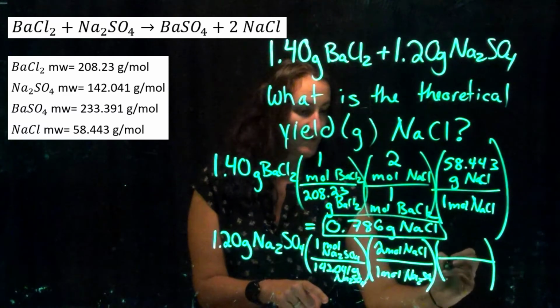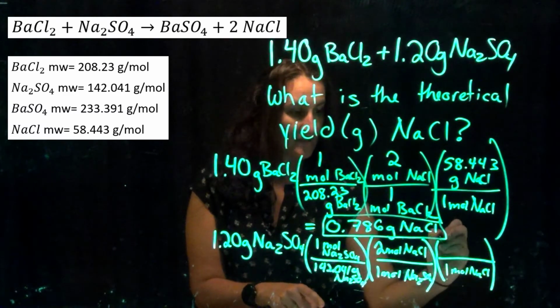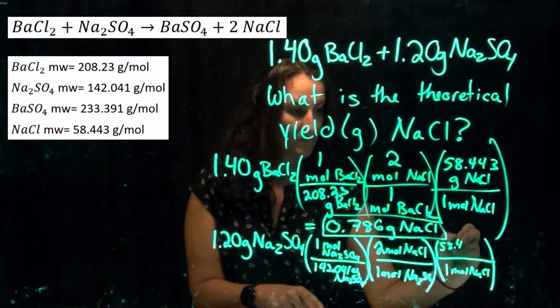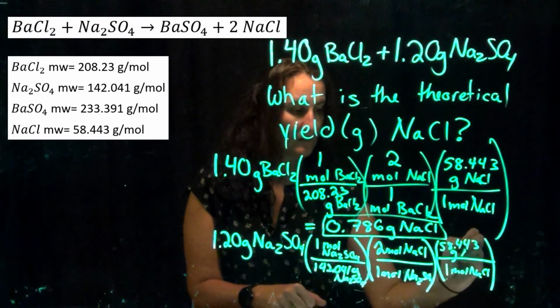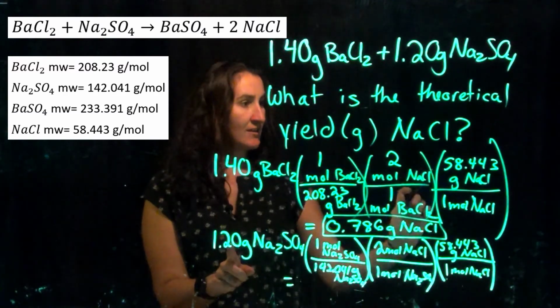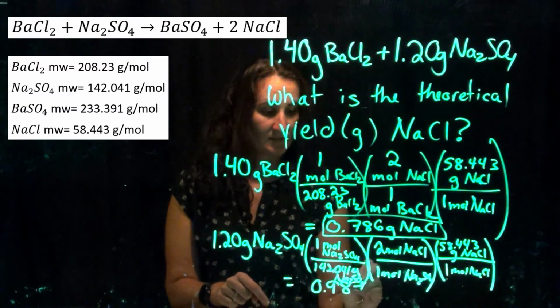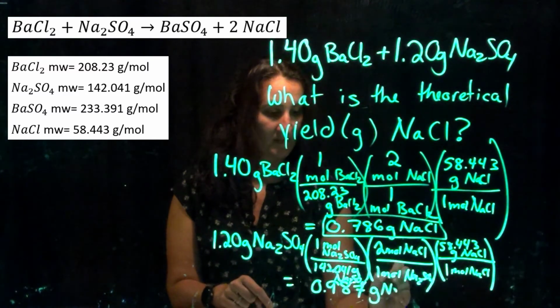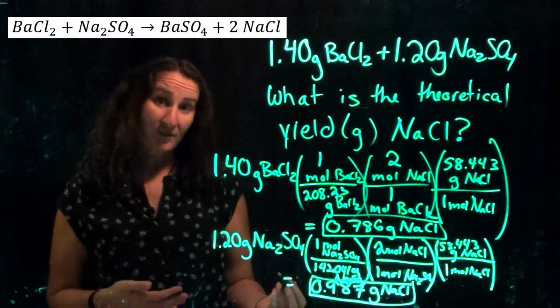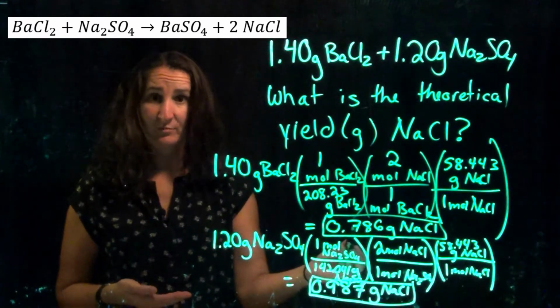And then we have over here 1 mole of sodium chloride, and that has a mass of 58.443 grams. For a total, if you multiply all that together, for a total of 0.987 grams of NaCl.